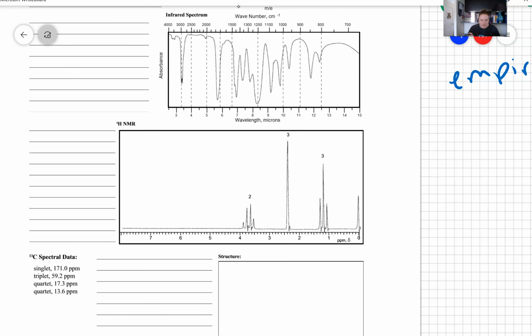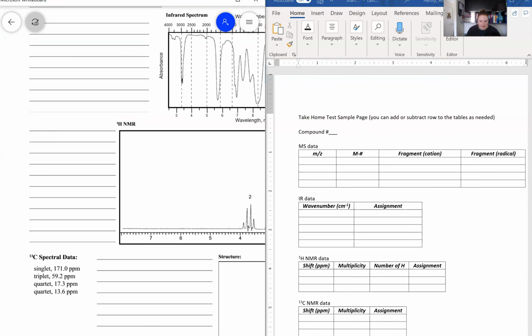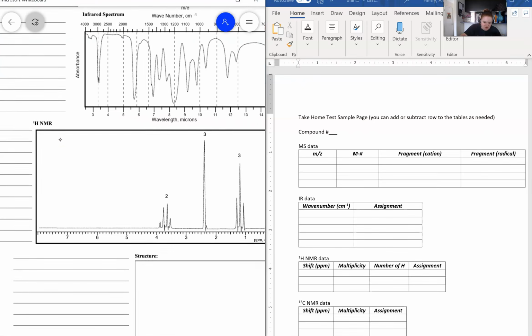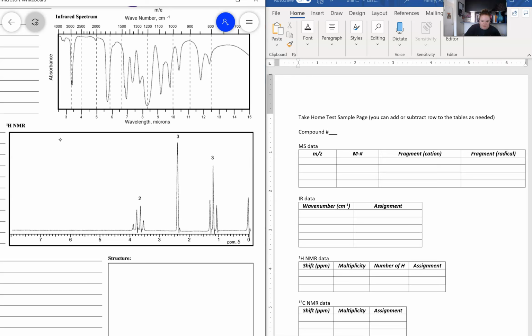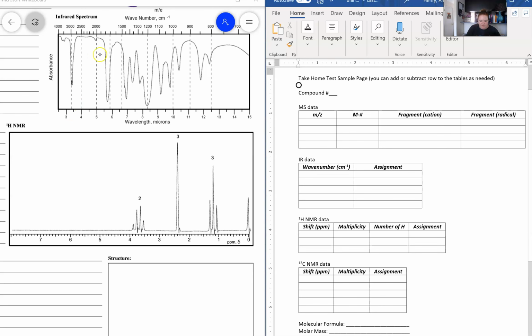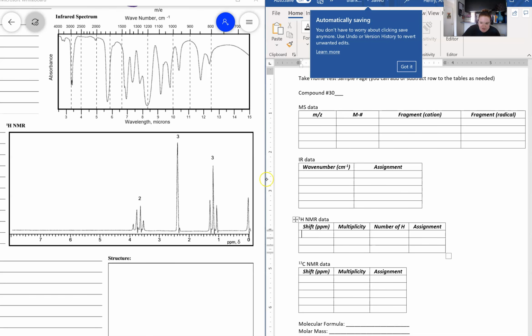Okay, so we're going to look at the hydrogen data next. I'm going to share both screens here, so I'm going to fill these tables out as we go through this. This is number 30. For the hydrogen data, to fill in the table, I'm looking at the middle of any peaks.